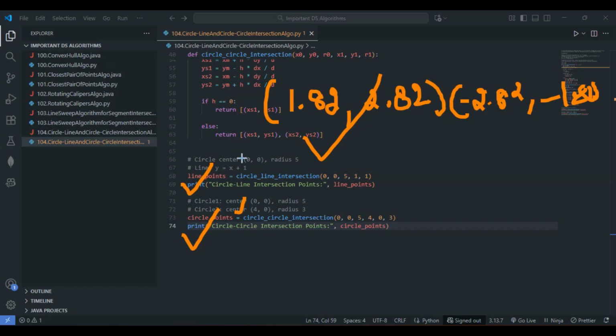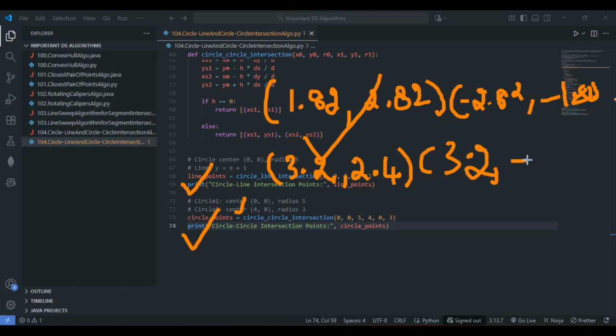The output we need to get here is 3.2, 2.4 and another one, 3.2, minus 2.4. So this is the output that we need to get. Yep, this is fine, I believe. So let's do one thing. First, the circle line intersection, with the line y equals x plus 1.